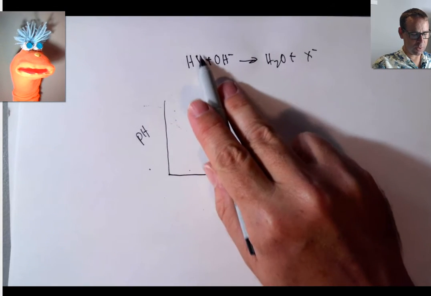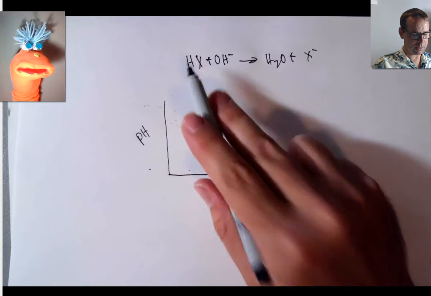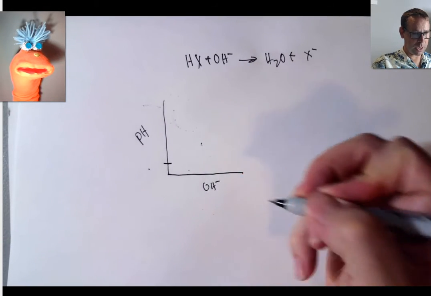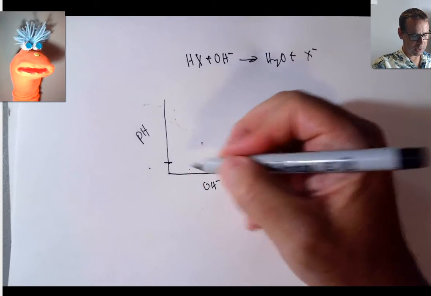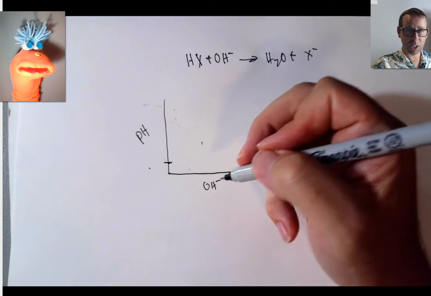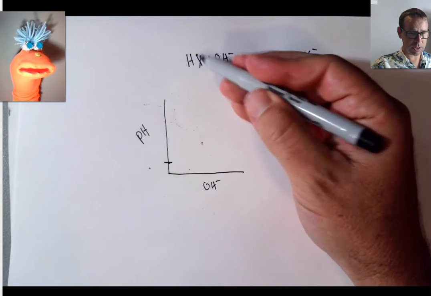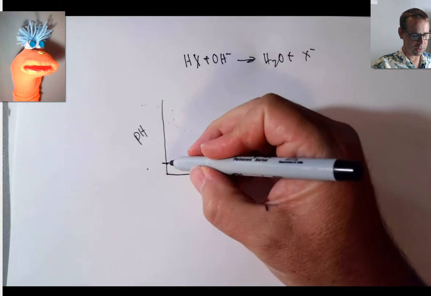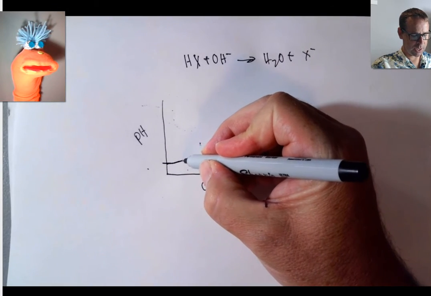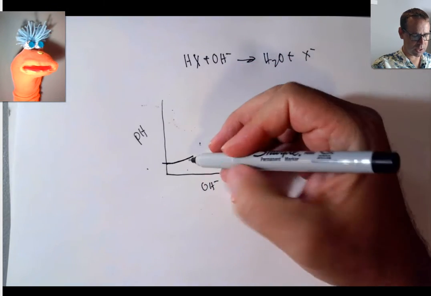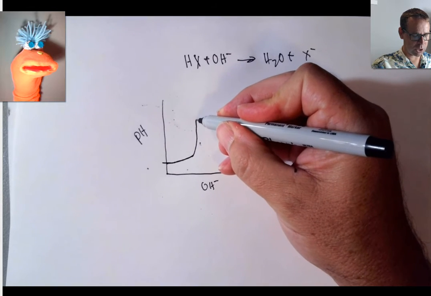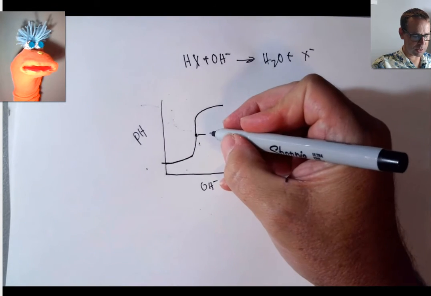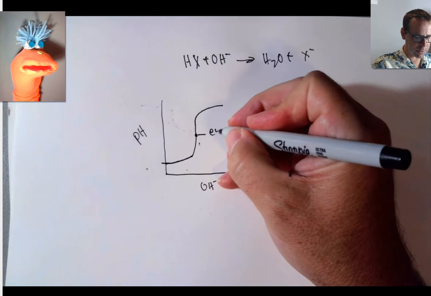If I start with this acid, pH will be low, and I add base. Again, as I add the base, the pH won't change much initially because the hydrogen ion in the acid is going to consume that base. All right, but as soon as this runs out, then my pH will change drastically. Okay, so here, this is our equivalence point.